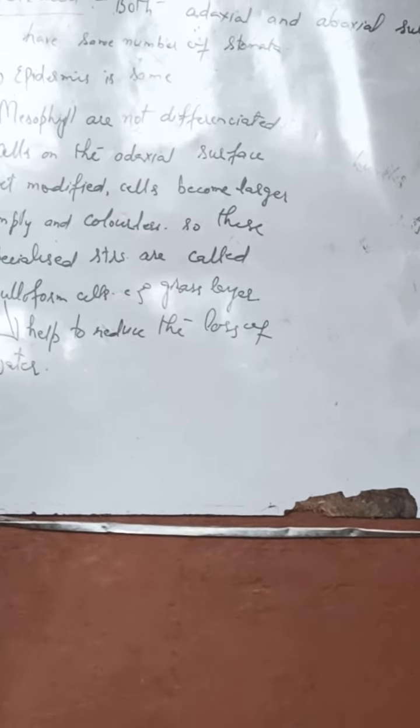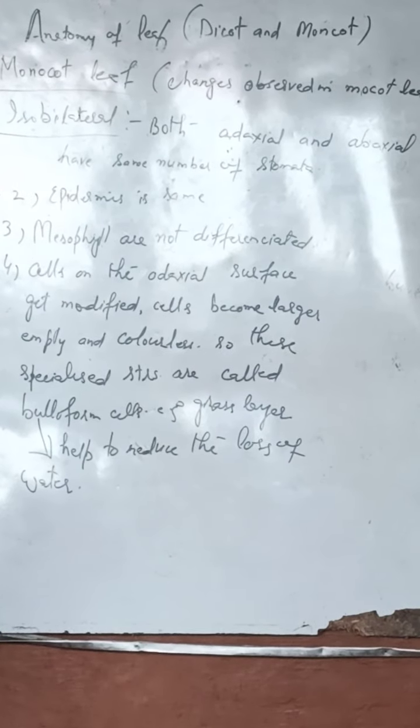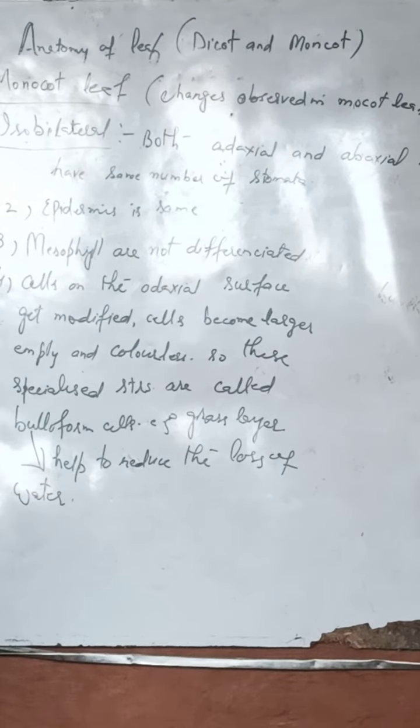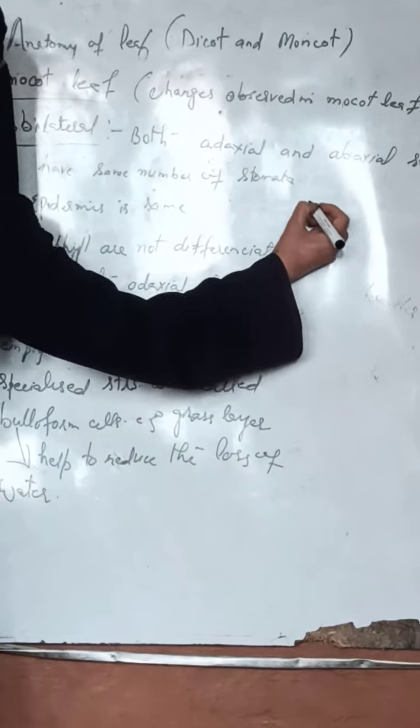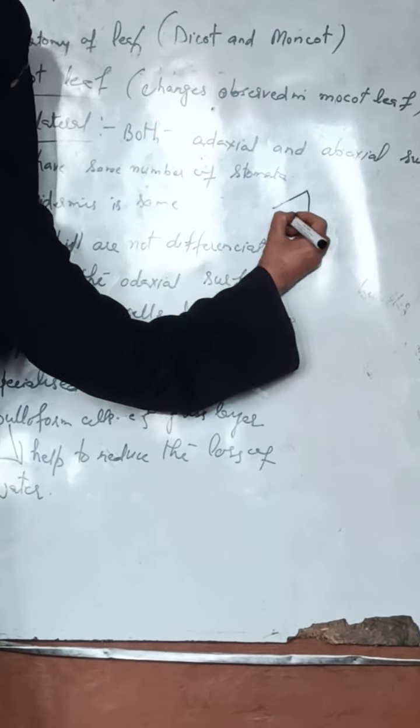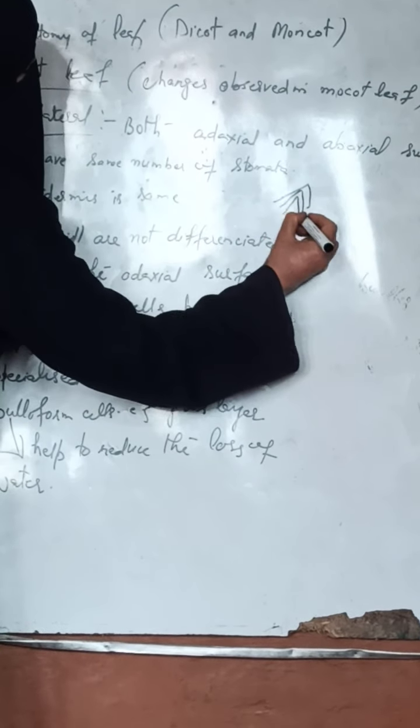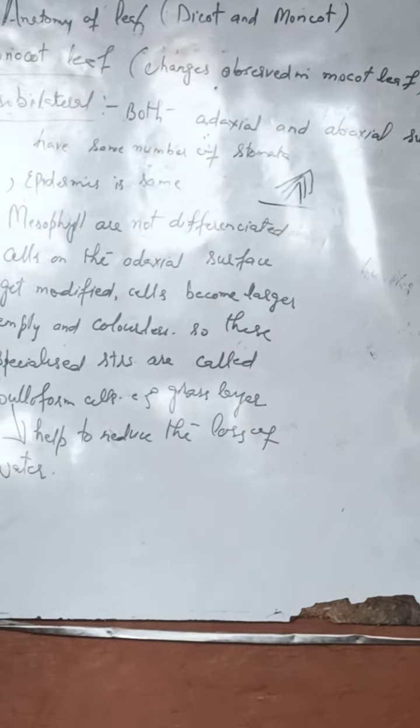And there is venation. Veins and veinlets arrangement is parallel. There is parallel venation in case of monocot leaf.